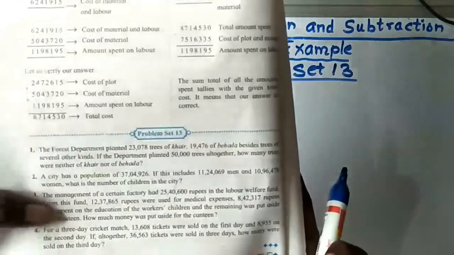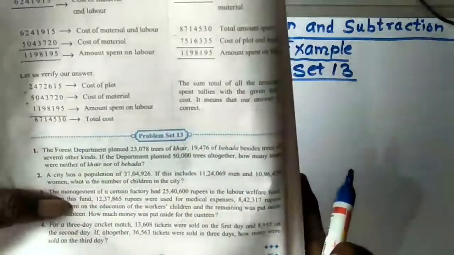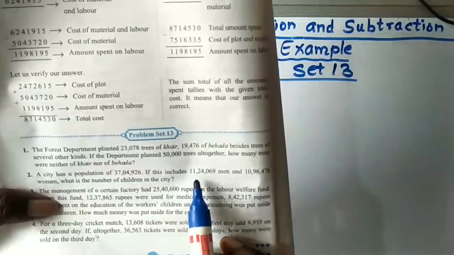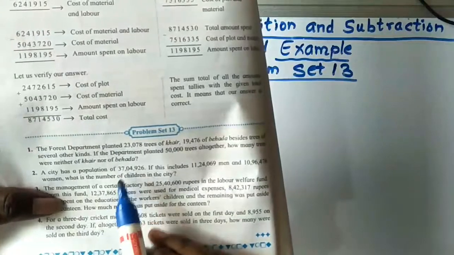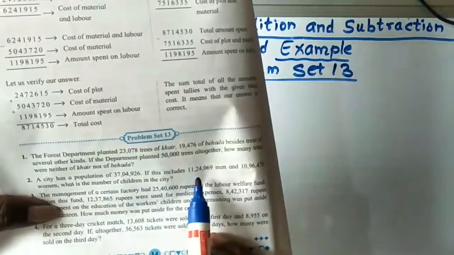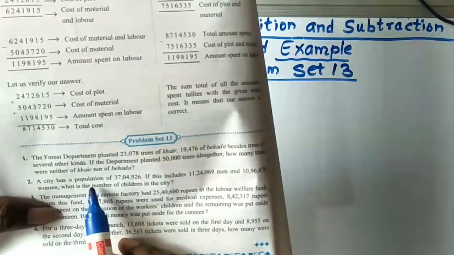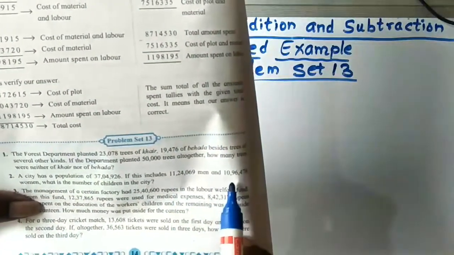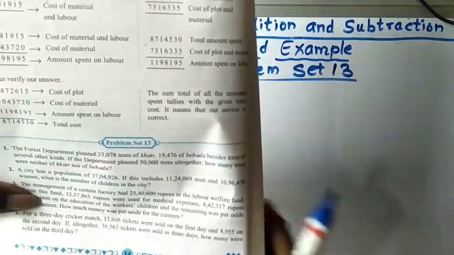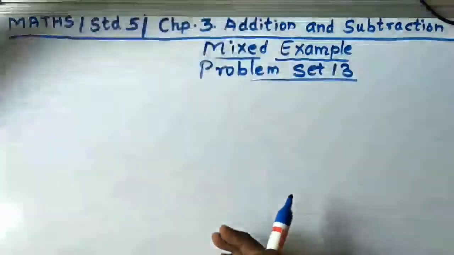So let us find. There are two ways to solve it. Either you add this and subtract this, or subtract this from this, total population by men, and whatever answer you get, subtract this number, women, from it. So any method you can do.